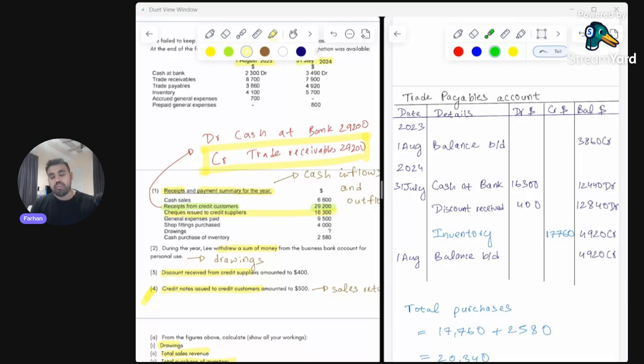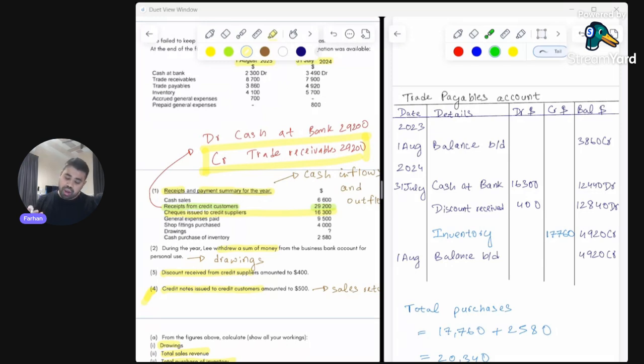But at the same time, once we have made the payment to our credit suppliers, we no longer have an obligation towards these people, and our liabilities are therefore going down. When liabilities increase, we always credit them. Now that they're going down, we have to debit them. So we will be debiting the trade payables, and we will be crediting the cash at bank.